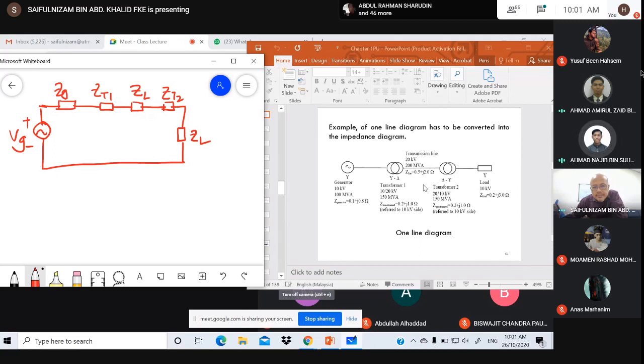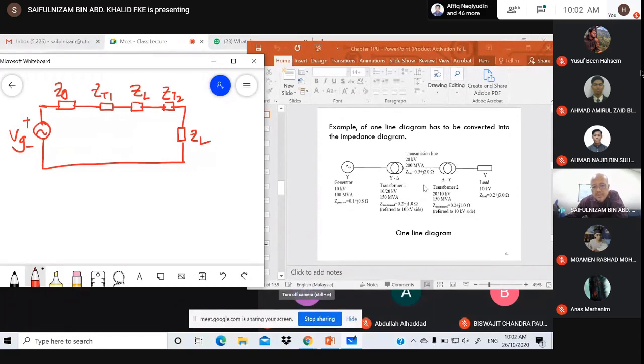No. Simple, right? This is the generator, and this is the load. And usually one should be taken as a reference. Meaning that if you are given the generator voltage, you can find the current. Similarly, if you are given the voltage across the load, then you can find the current as well.